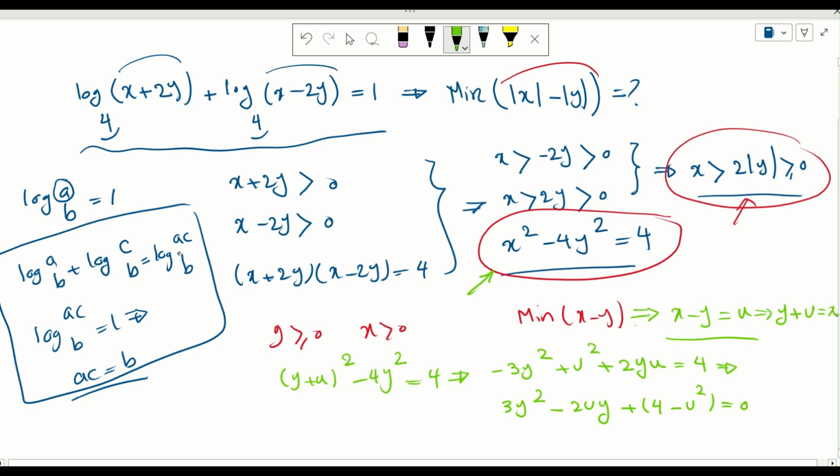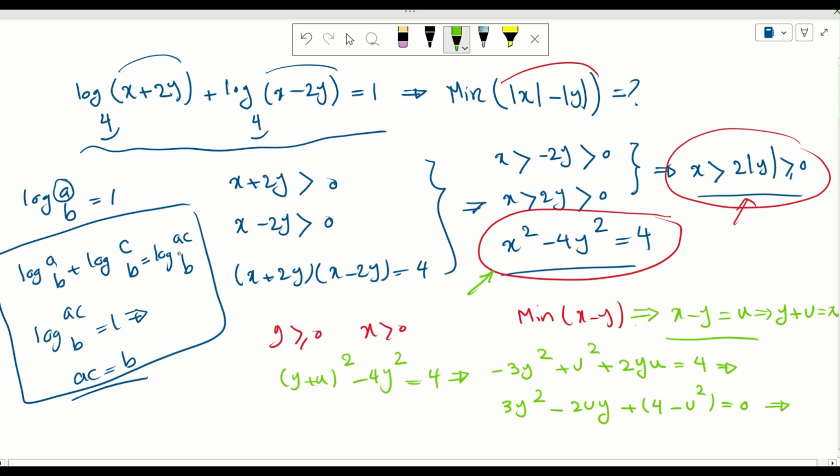Now we have this equation here. This equation, in terms of y, is going to have a value. The reason is we know that y actually has a number and we are going to find that, right?